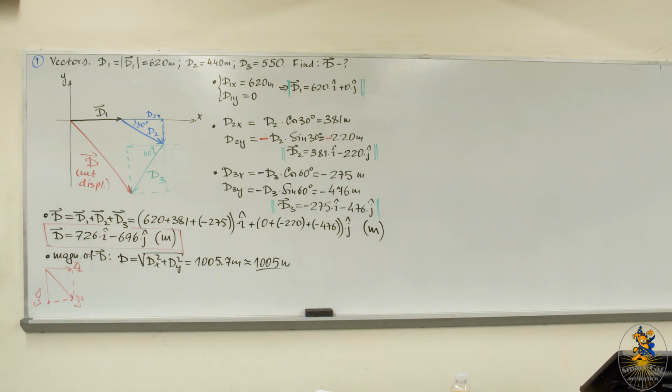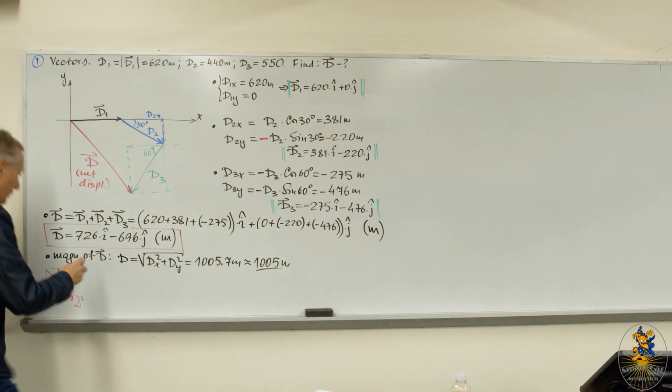Direction usually is measured from the positive x-axis, which is more convenient. So let's say I will introduce this angle phi. Right. And like we've done in the class, I usually use tangent, but you can use sine, cosine, any function, because we have a hypotenuse, we know the adjacent side and the opposite side, so any function can be used. But anyway, I'm going to use tangent.